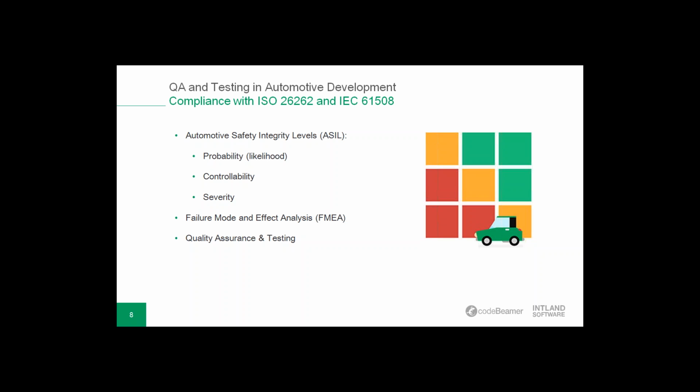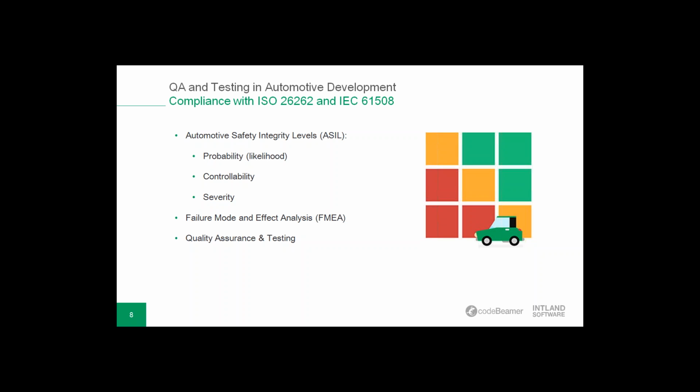To achieve compliance with the relevant standards and regulations, and to ensure complete traceability and transparency of the development process, all these components have to be ensured. And developers of automotive software also have to make sure that all the links are established between all the work items and all the dependencies are managed.